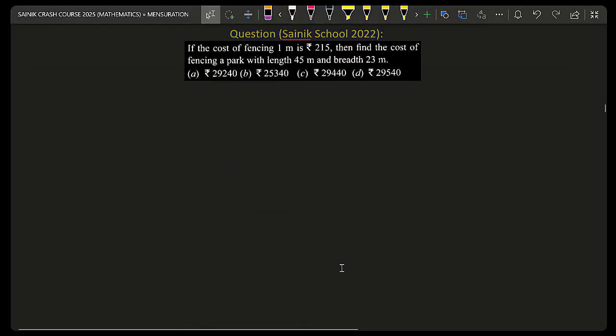2022 exam, same paper, you got one more question on area and perimeter. Okay. If the cost of fencing 1 meter is 215 rupees, then find the cost of fencing a park with length 45 meters and breadth 23 meters. Who is going to answer this? Raise the hand if you want to answer. Rishikesh, read the question again.